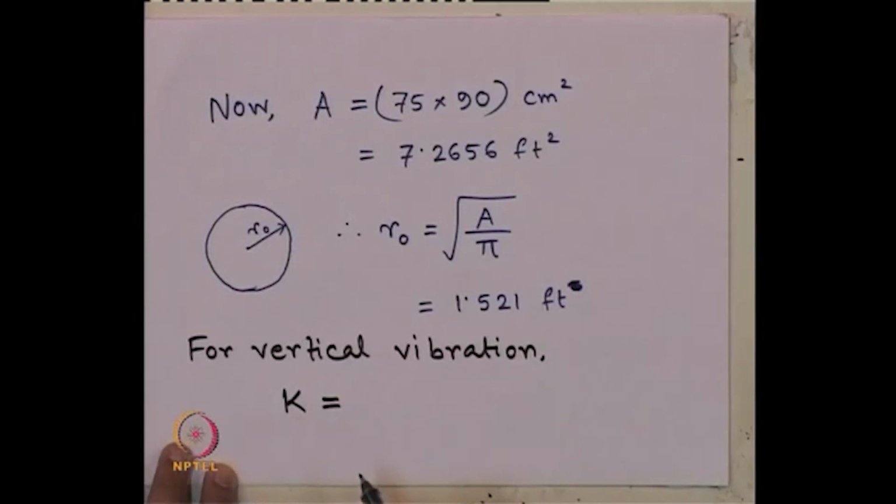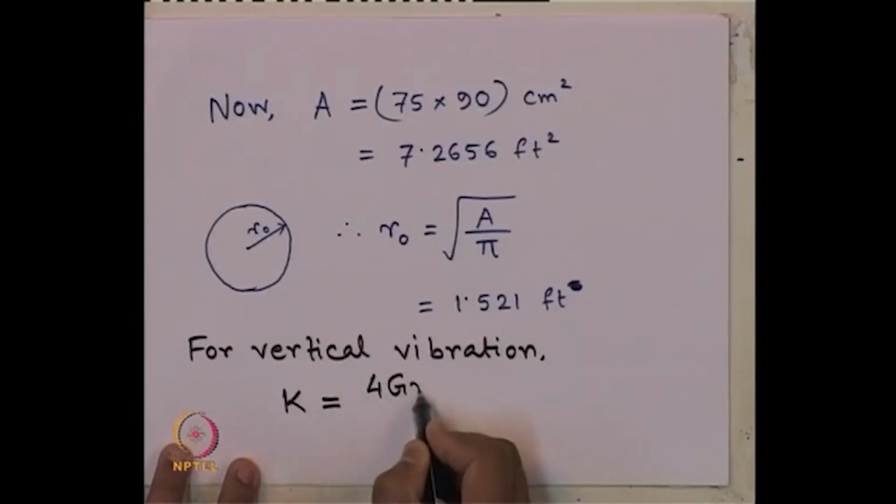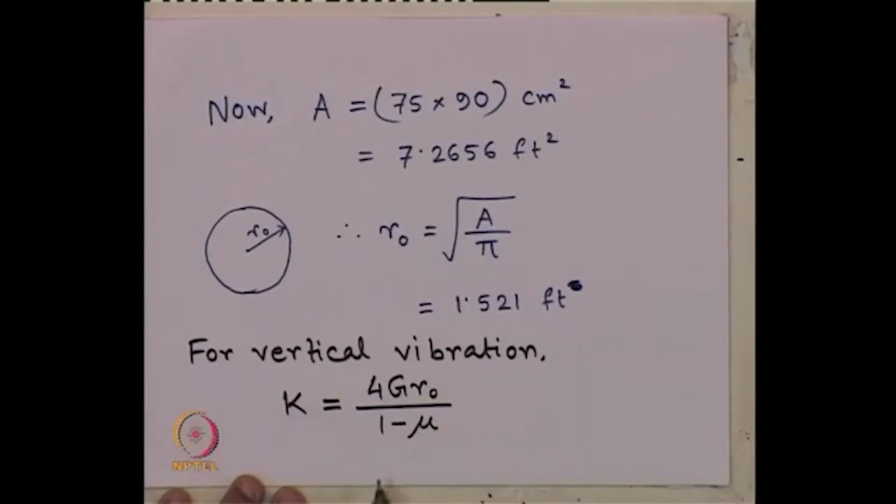system K is computed by this expression, 4 G R naught by 1 minus mu. This expression, based on the theory of elasticity, was developed by Timoshenko and Goodyear. So, in the book of Timoshenko and Goodyear you will find this expression for the vertical mode of vibration.